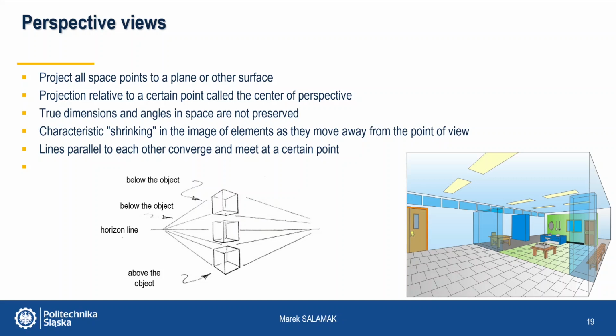The image is deformed. It is characteristic that the presented elements shrink as they move away from the point of observation. Lines parallel to each other in perspective converge and meet at some theoretical point.